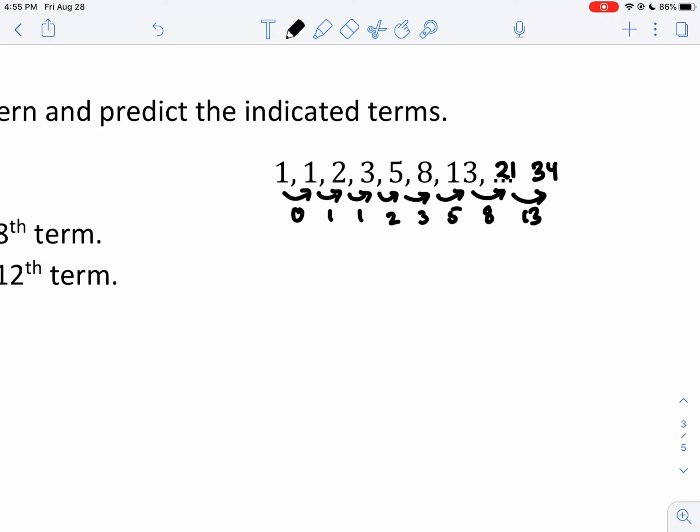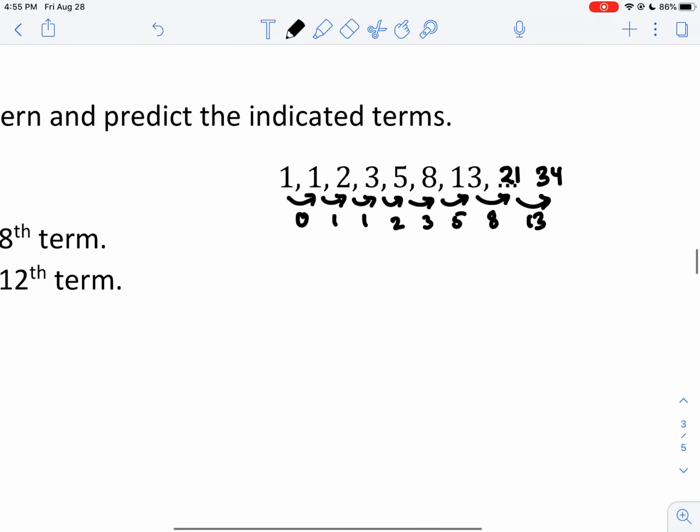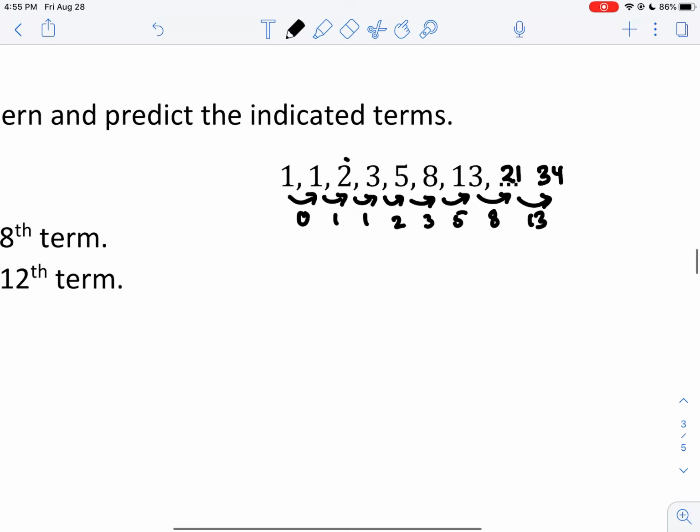Another way to look at this particular list of numbers is not counting the first two. Don't ignore those, those are just 1 and 1. But starting with the third one, you can find that number by adding the two numbers that were before it. So add 1 and 1, and it makes that 2.